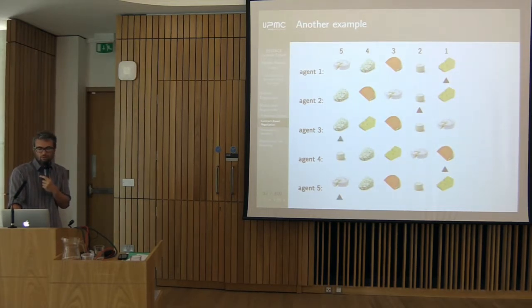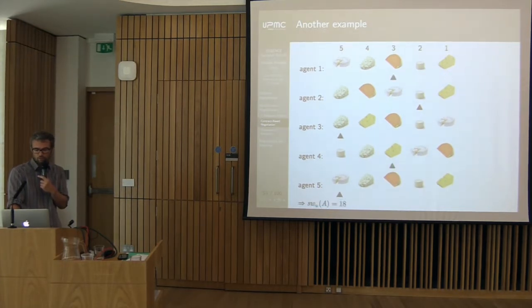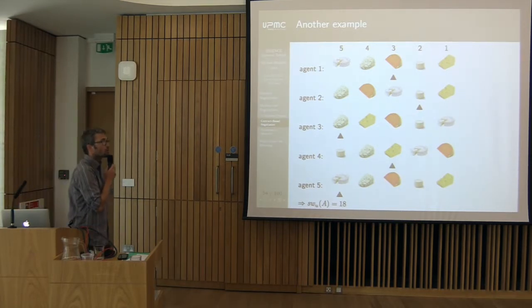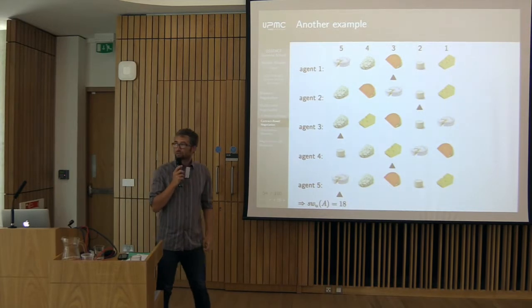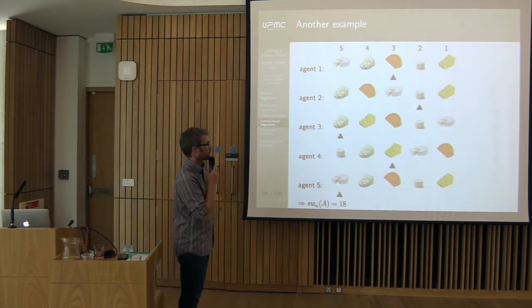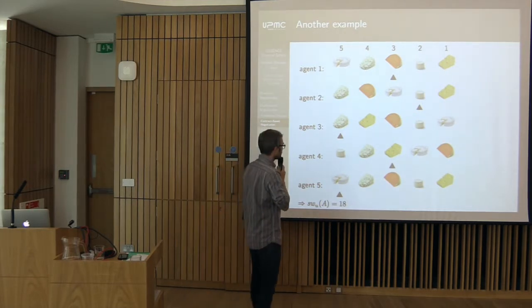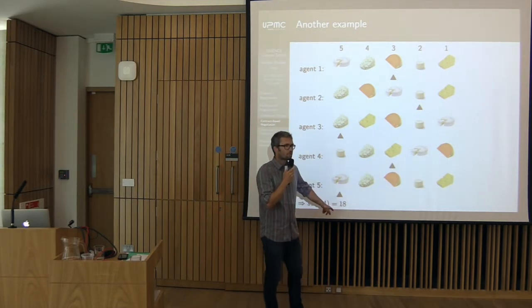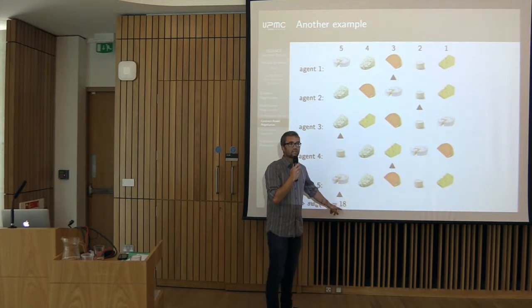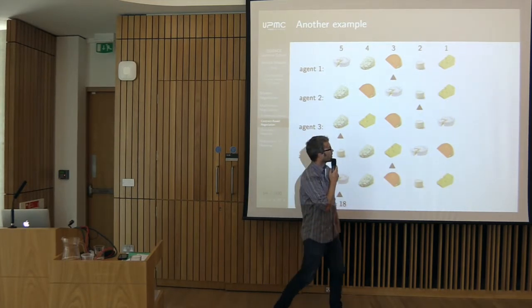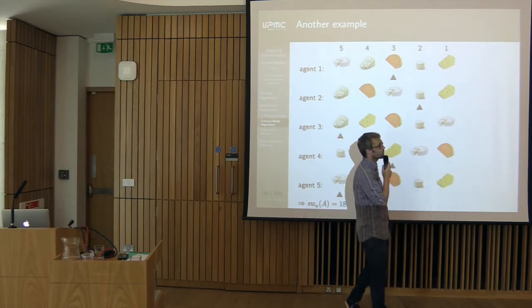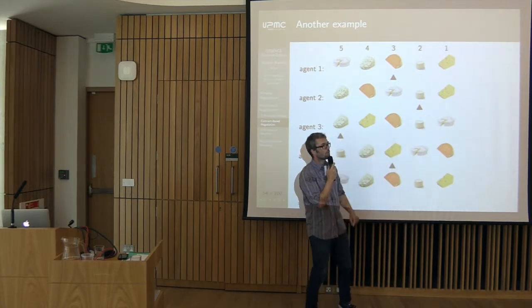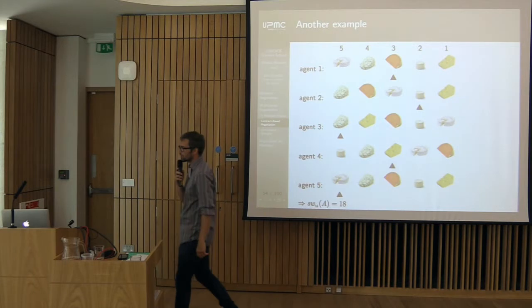For instance, here 3 and 5, and then 2 and 4, if I'm right. And then we get to this allocation, which is also stable. But it's not as good. If you compute the utilitarian social welfare, you get 18. And if I check the egalitarian, I have 2, because agent 2 has got the goat cheese and doesn't like it so much.